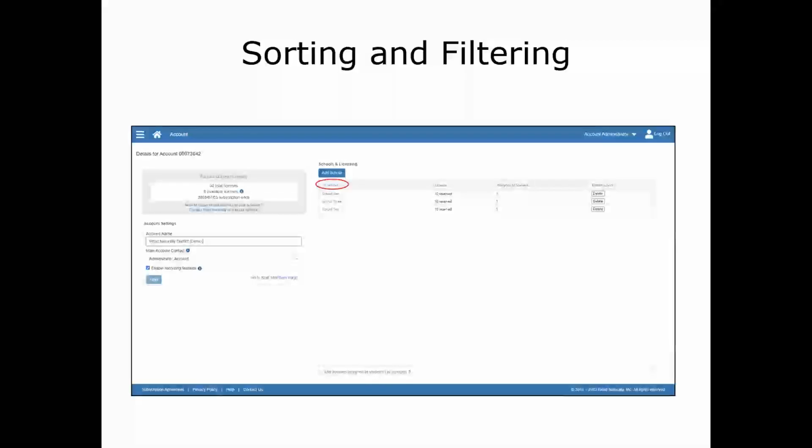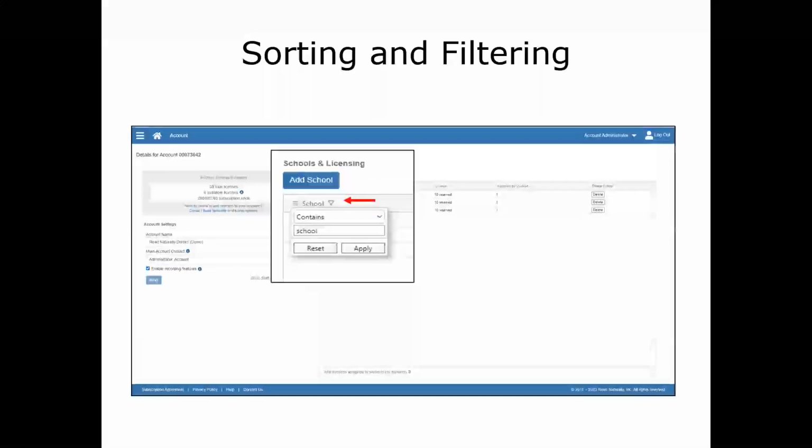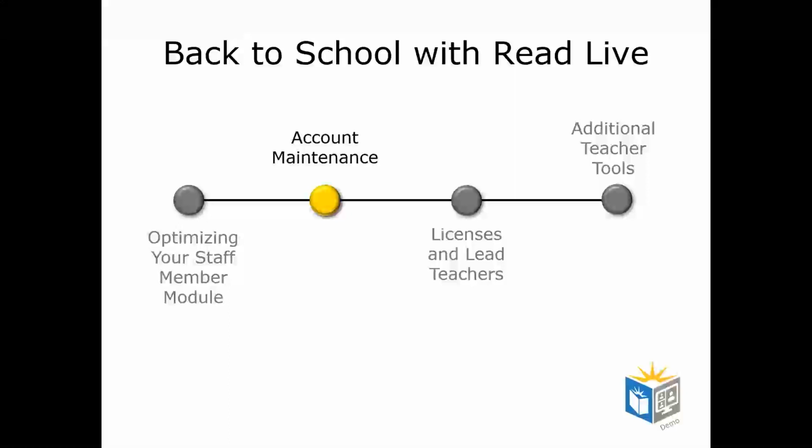So here on the school page, you can click on the heading and that will sort numerically or alphabetically, or you can filter by clicking on those three horizontal lines that's right before the heading name. If you click on that, that allows this little drop-down menu where you can select either the beginning of what you're looking for or the entire word, click apply, and then whatever it is you're looking for will be narrowed down.